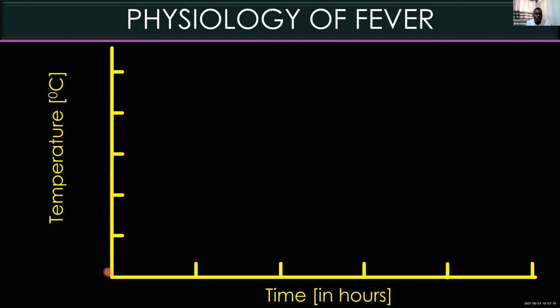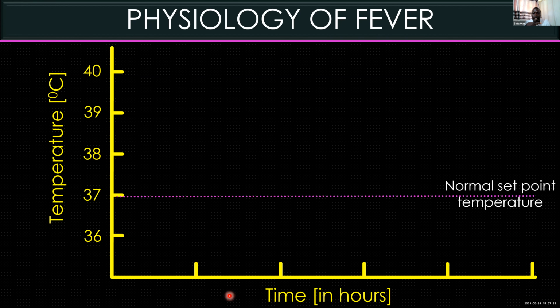Let's take the vertical to represent the body temperature in degrees Celsius, and the horizontal to represent time. We have indicated that the hypothalamic set point temperature is usually 37.0. So that's the normal set point temperature.